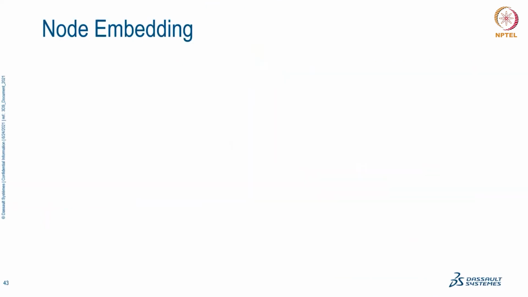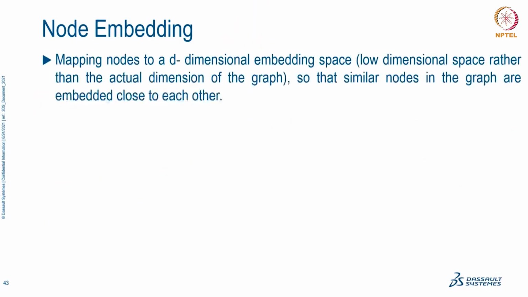So one main important thing in a graph neural network is node embedding. Now there are some equations, but I'll just go over them briefly. A node embedding is nothing but mapping a huge dimensional space to a smaller, or you can say lower dimensional space, but in such a way that the similarity in the input nodes is still maintained in the embedding space.